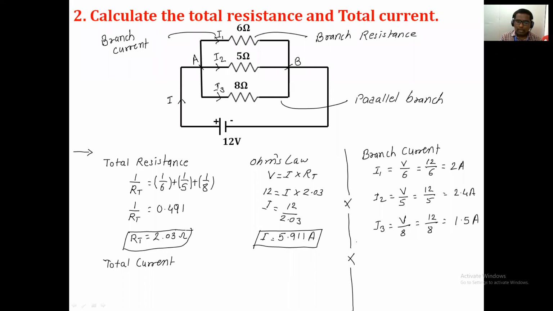And now, according to the properties of a parallel circuit, I is equal to I1 plus I2 plus I3, which is equal to 2 plus 2.4 plus 1.5, which is equal to 5.9 ampere. Just check it. Is it clear? Note it down.